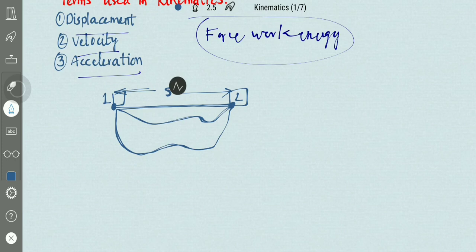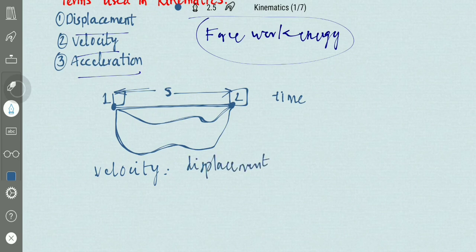So in order to travel from one point to another, time is required, right? Time is required to travel from one point to another. So the displacement covered by this body in a given time is called velocity. So velocity is equal to displacement divided by time.